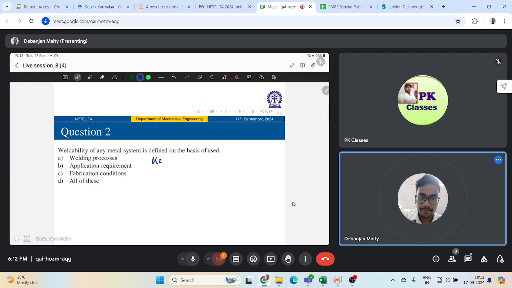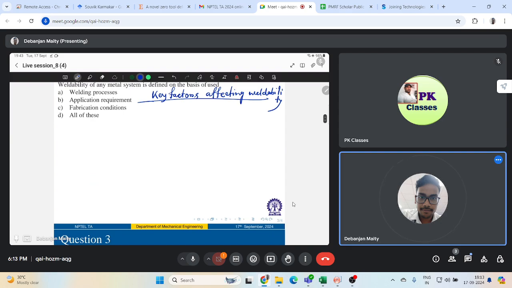Key factors affecting weldability. What are those? I can have some alloying elements.